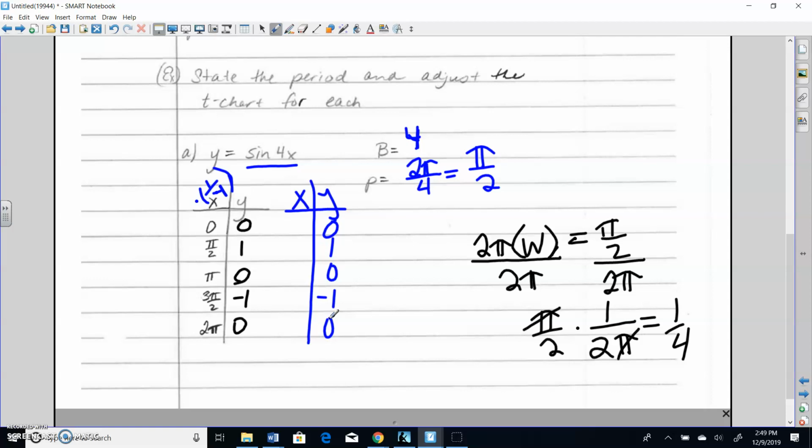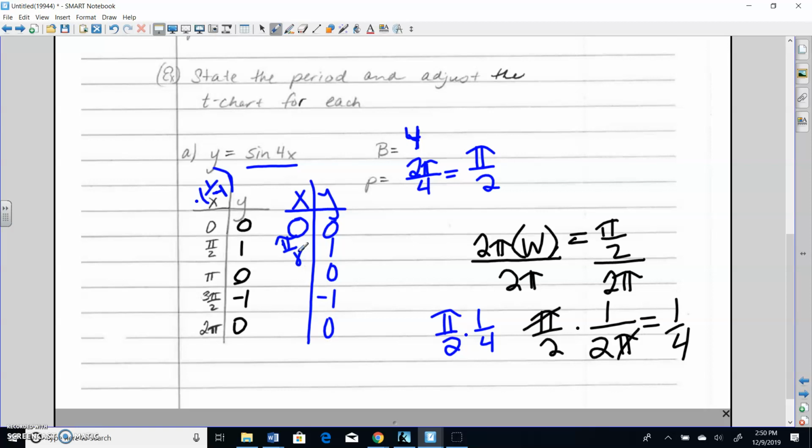So 0 times 1/4 is still 0. 1/2 pi times 1/4 is pi over 8, or 1/8 pi. We can say it that way.